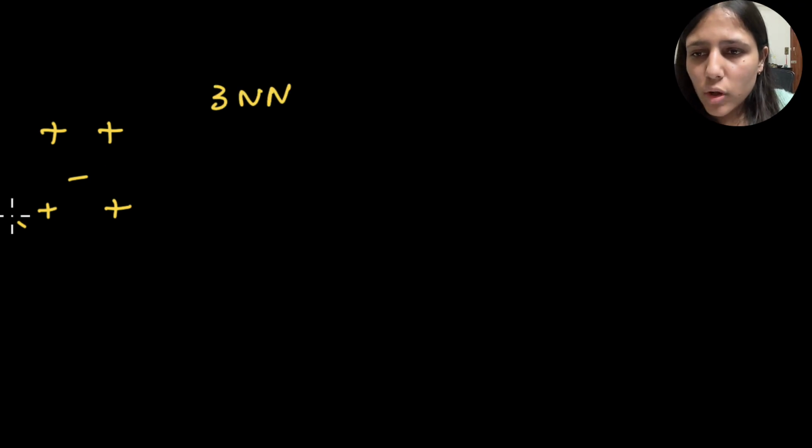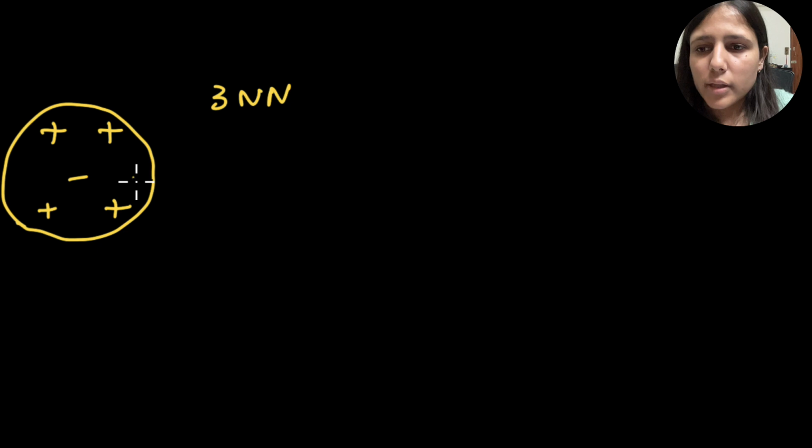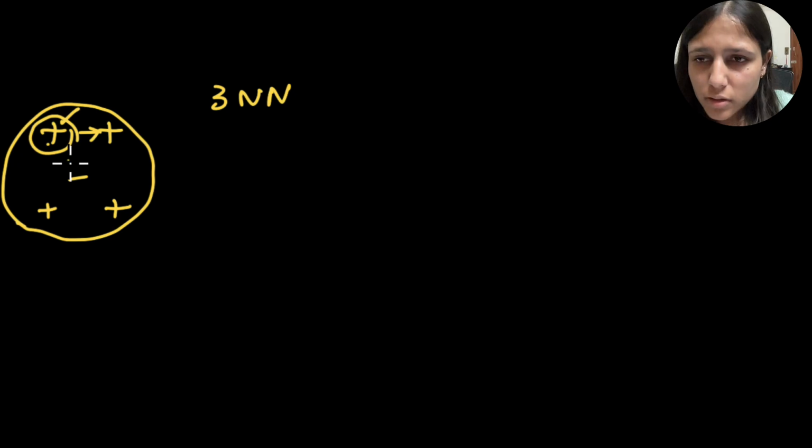So this is my data set, and I'm trying to do a 3NN classifier. All of this has already been memorized by my model. Now let's suppose I give this plus as the data point again. We look at the three nearest neighbors of this. One neighbor will be itself, the second neighbor will be here or here, and one of the neighbors is here.